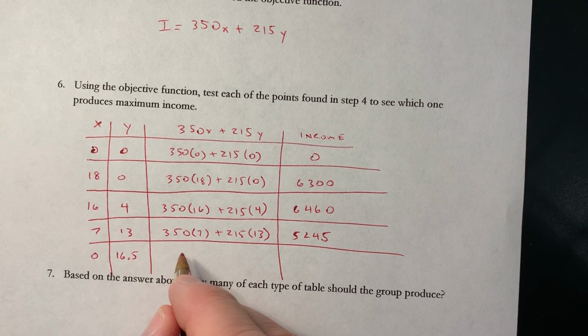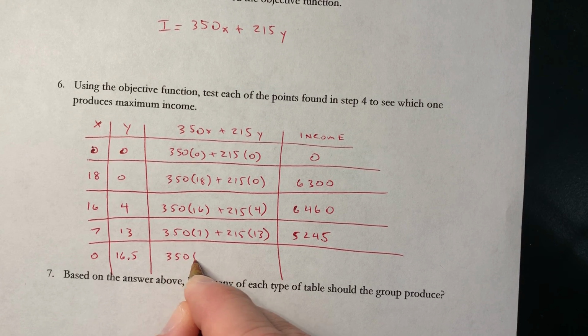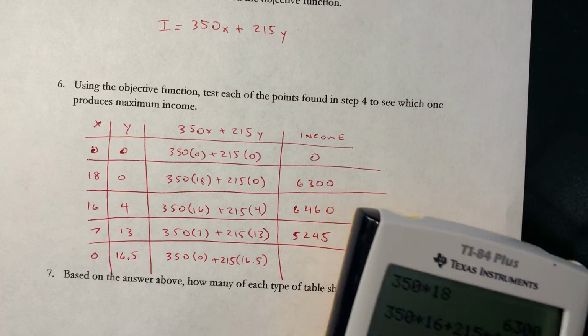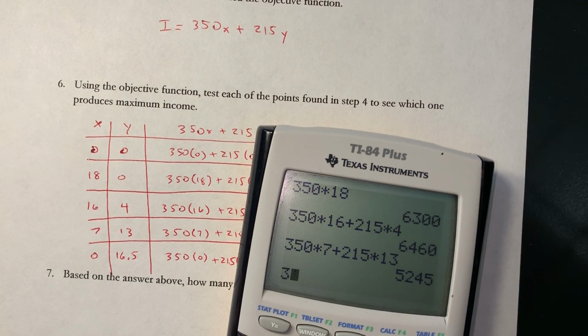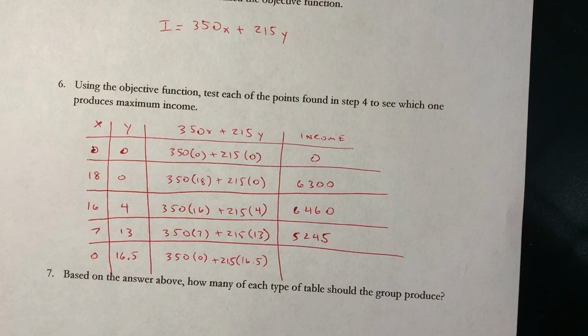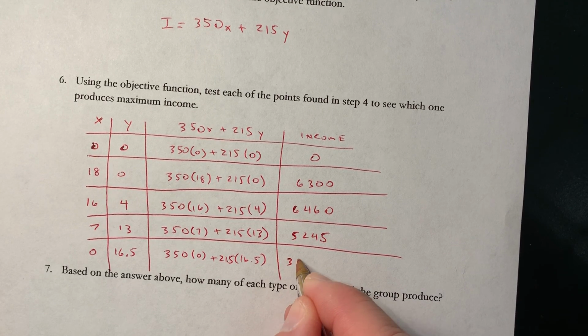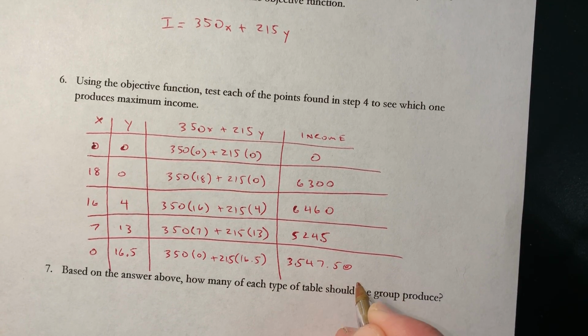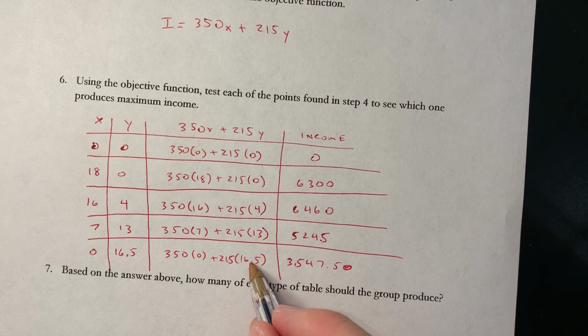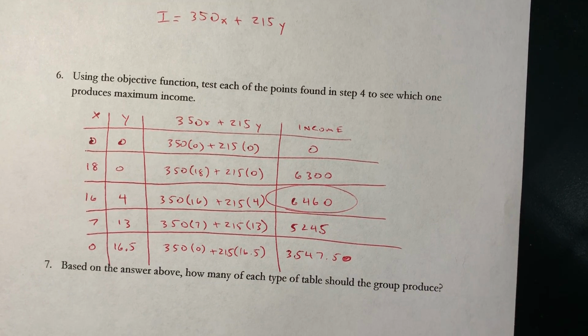But for this expression, we'll put in the 16.5: 350 times 0 plus 215 times 16.5. 215 times 16.5 is $3,547.50. That's not the highest number anyway, so we don't have to worry about making a decision on 16 tables instead of 16.5. Looks like our highest number is right here.